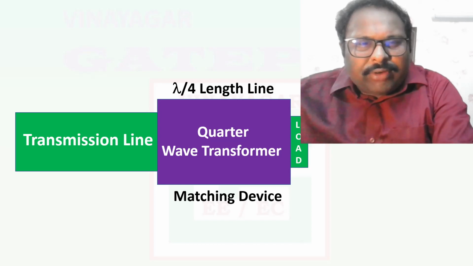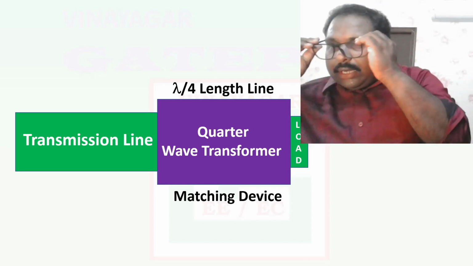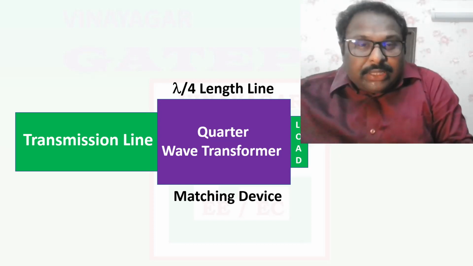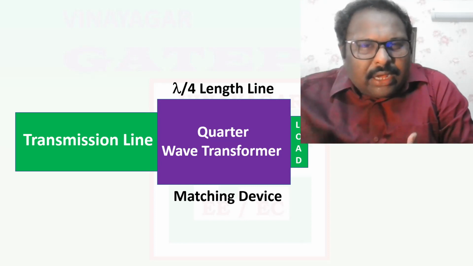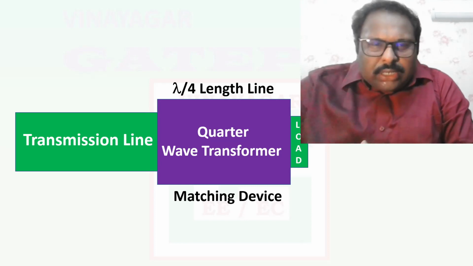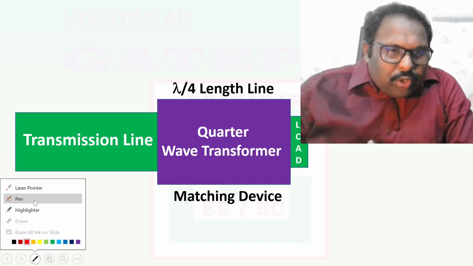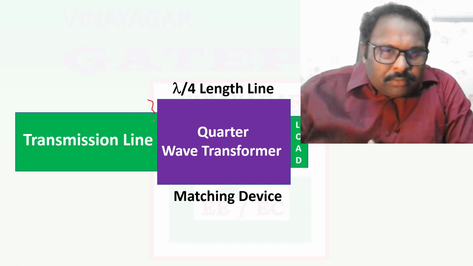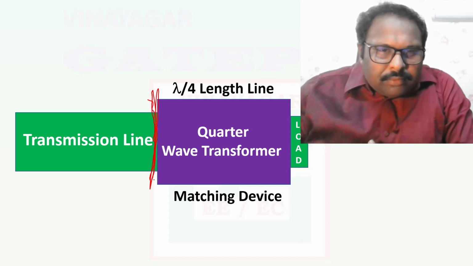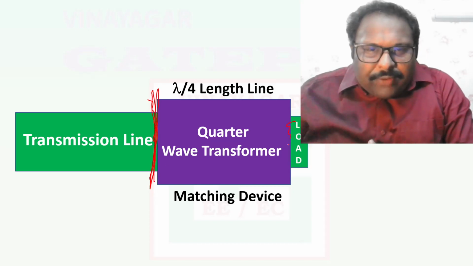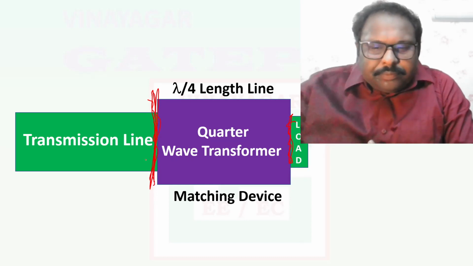So what does this quarter wave transformer do? It tries to avoid any reflection between the transmission line and the matching device, so that there is essentially matching at this point. Here it's going to be matched, so that there won't be any reflections here. There may be possibly some reflections here between the matching device and the load, but there won't be any reflections here.